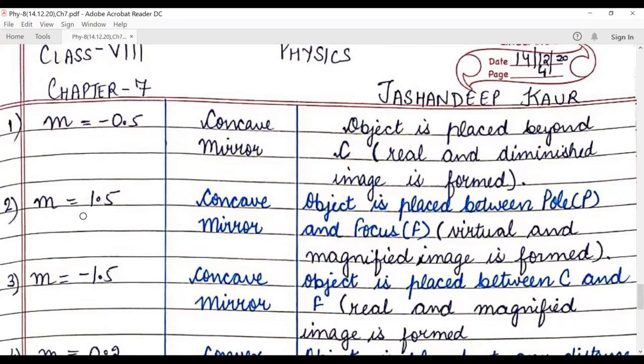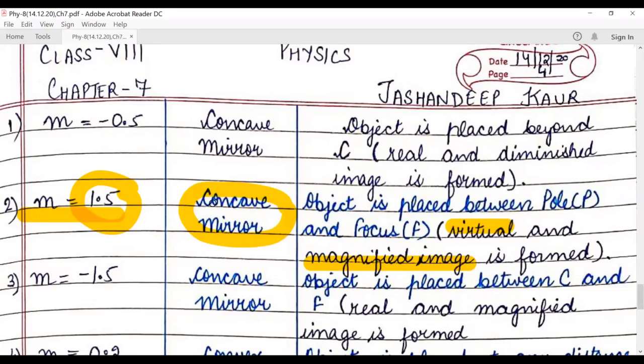Coming to the second part, magnification is 1.5. Positive number means a virtual and upright image is formed. 1.5 is greater than 1. So that means a magnified image is formed. Virtual, erect, and magnified. It happens only in a concave mirror.